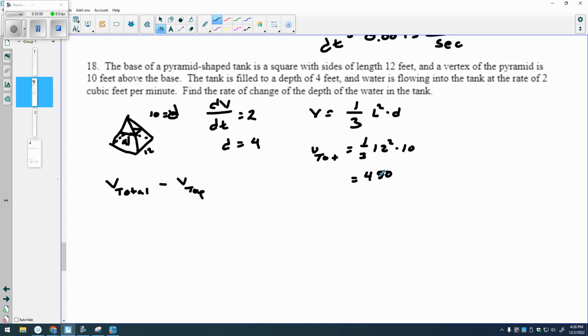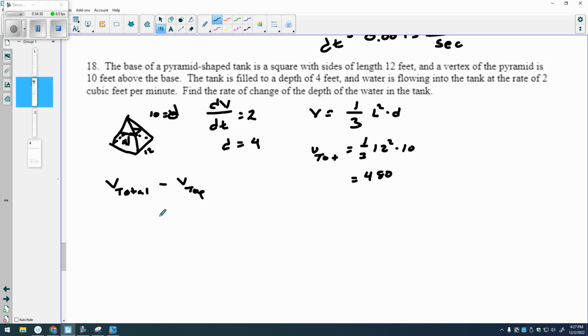That's the whole volume. Now the volume of the piece up here is going to be 1/3, but now my length and my depth are going to change. Those are variables depending upon the depth. In this case my depth is 4, so I need some ratio to find the height and the length of my pyramid as time's changing.